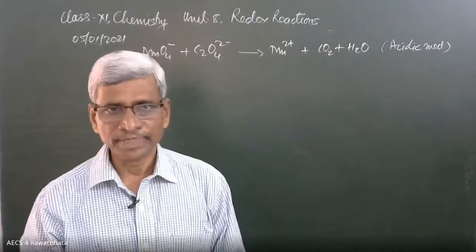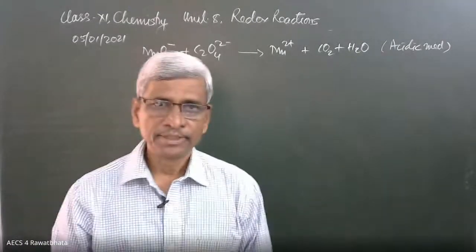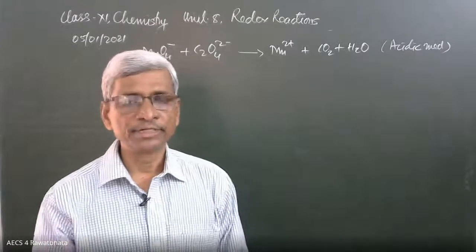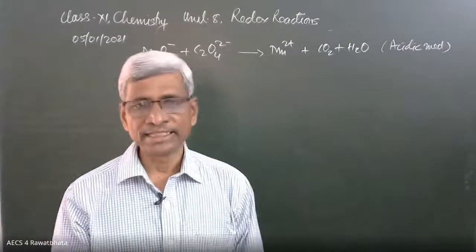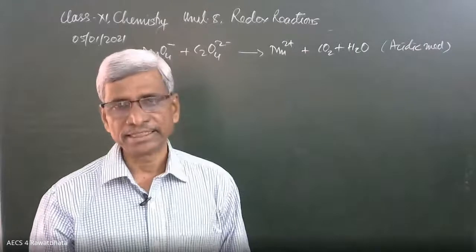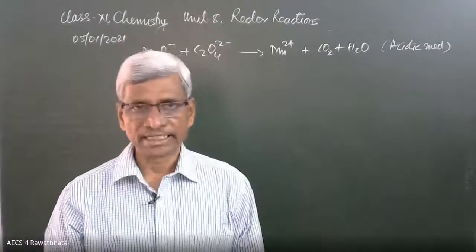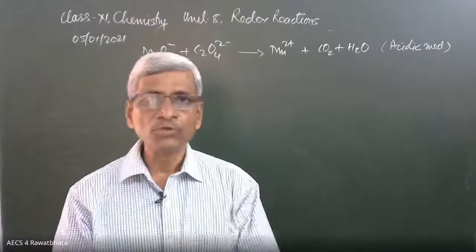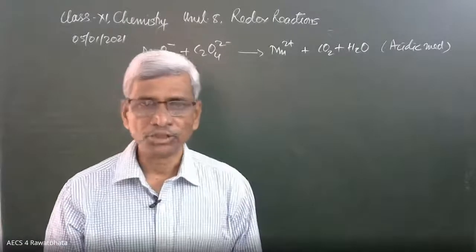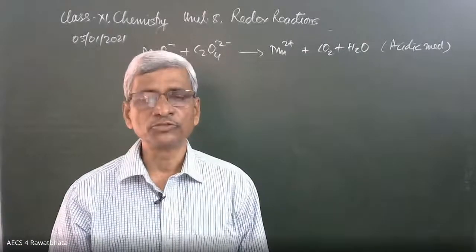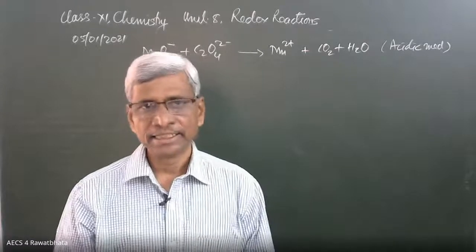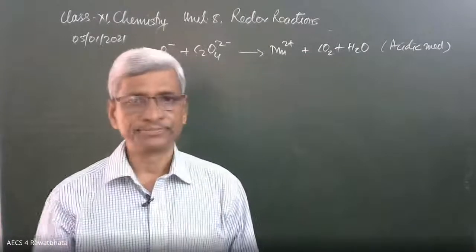Titration is one of the experiments in chemistry lab. In chemistry lab, one is qualitative analysis and there is quantitative analysis. This is the reaction involved in quantitative analysis. Here we calculate the amount of the substance which is required in this reaction. That's why it is called quantitative analysis. It is the redox titration.